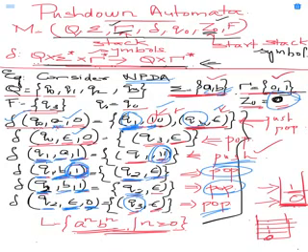So if n is 3, there are 3 A's and 3 B's in the string. Each time A is encountered, 1 is pushed onto the stack, so the resulting stack will be like this.